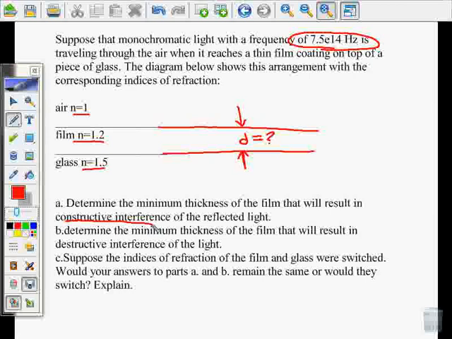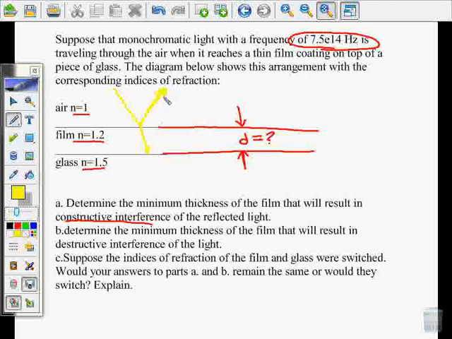Well, first thing we have to do is check to see, are there phase changes here or not? So, when the light comes down and refracts and goes in here, the light that reflects up off that first surface, does it go through a phase change? Does this light right here go through a phase change?